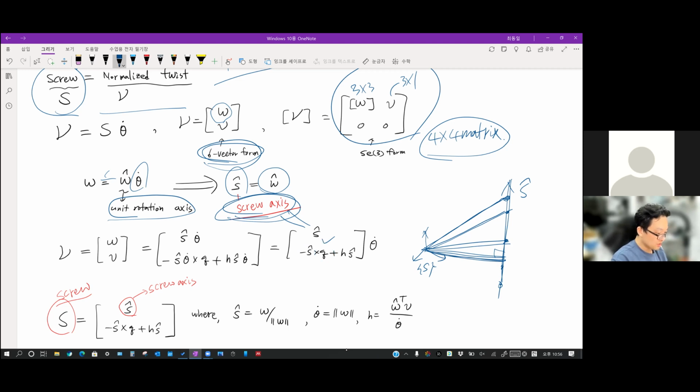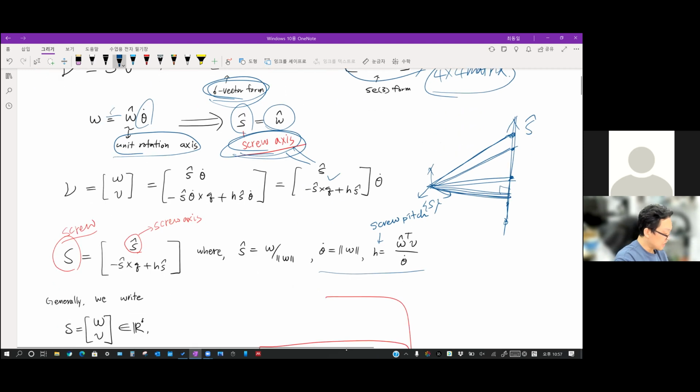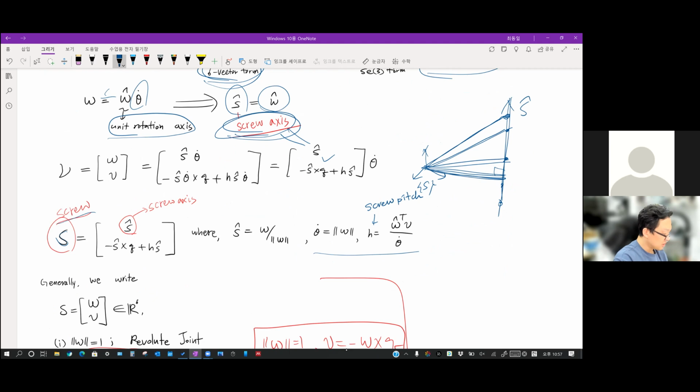We also learned about H. H is the screw pitch. It can be calculated by this equation. The large S is the screw, and S hat is the screw axis, which can be calculated by this equation.